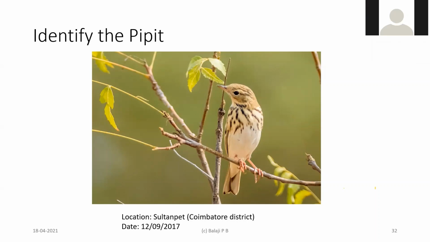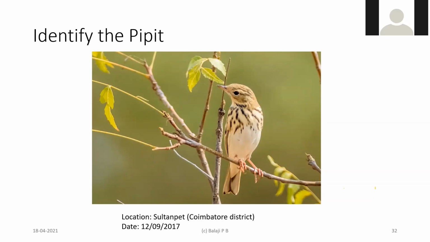This could be a tawny pipit or a tree pipit. The tree pipits are found in the higher plains. This is in Coimbatore, no? There are no markings on the belly. Chest markings are there only. There's no malar stripe. Tree pipit has chest markings up to its chest.